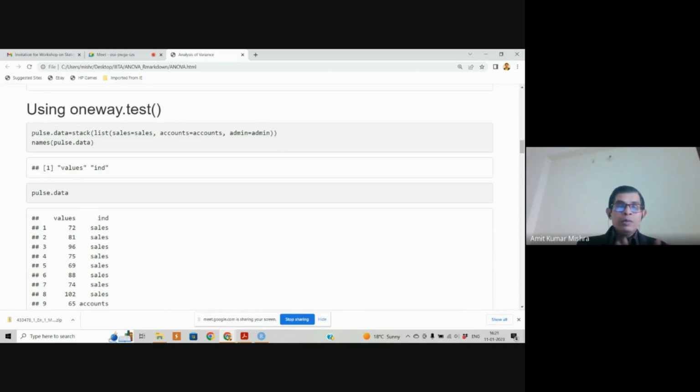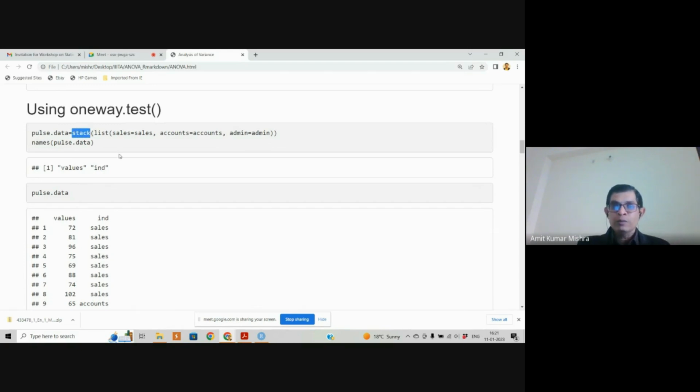What we are going to do is create two different variables. One contains the pulse rates, another contains the population name from which these pulse rates are coming, that means whether it is from sales, accounts, or admin. For that, I am using the function stack.